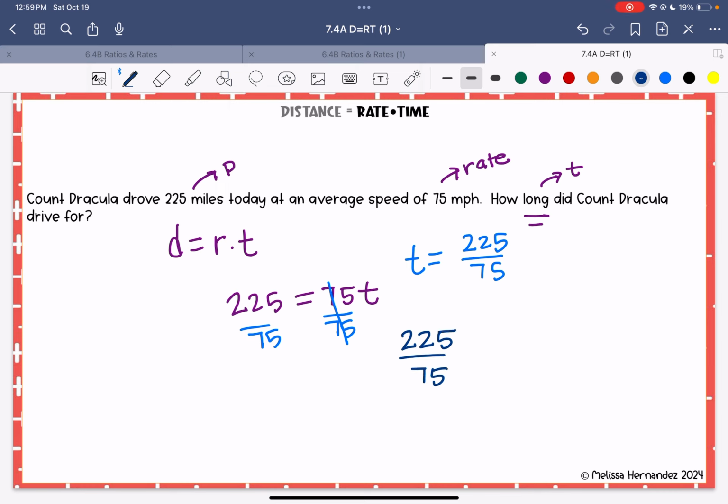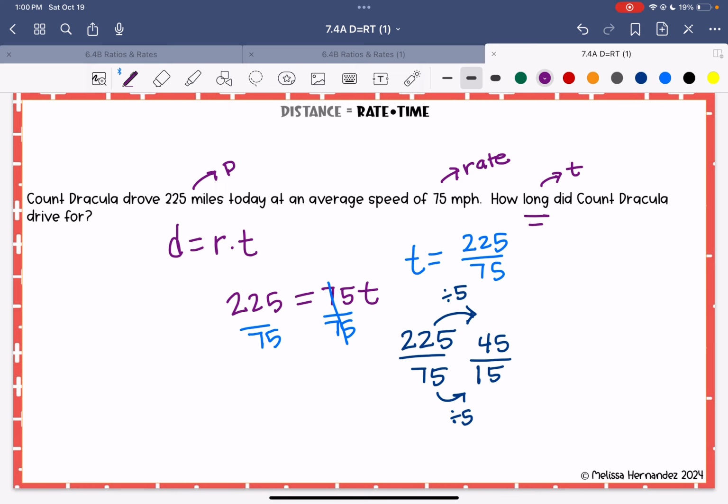No matter how you do it, you're going to still end up with the same answer. I'm going to divide both by 5, or scale down both by dividing by 5. And then I'm going to go 75 divided by 5, which gives me 15. And then 225 divided by 5, which will give me 45.